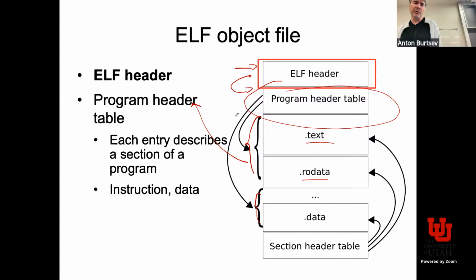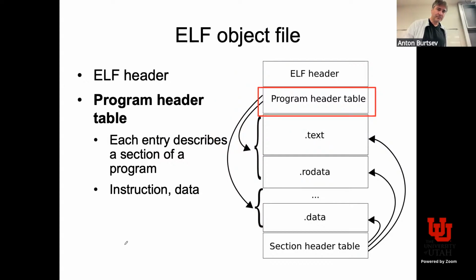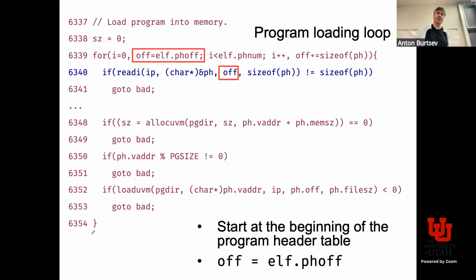So there will be a virtual address which it points to. And essentially what we're doing here, we say, sure, if we have a pointer to where this entry is contained, just use the same inode, read it into the program header entry, and hopefully everything goes correctly, so we're not going to go into an error.